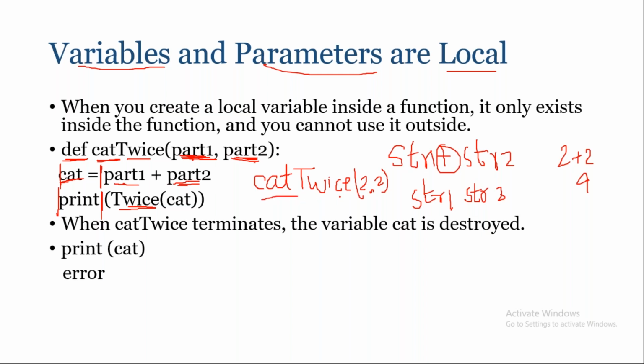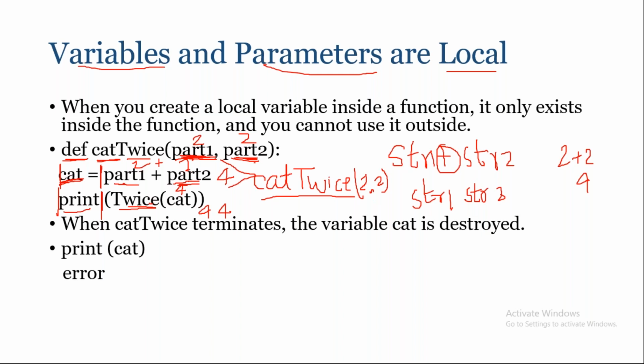Once I have called this function, Python will go here, substitute 2 instead of part 1, and here it will substitute 2 again, and then follow the logic. What will be the value of cat here? 2 plus 2, so the value becomes 4. Now I am asking Python to print twice, so cat will be passed here, and the final outcome will be 4, 4, because it will be printed twice.